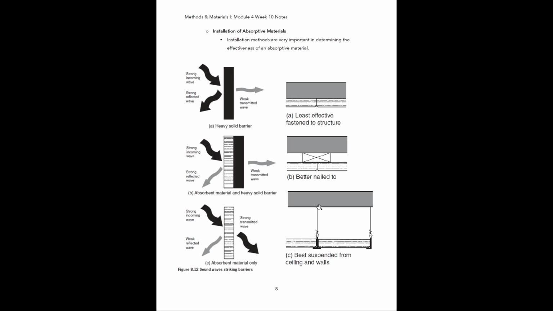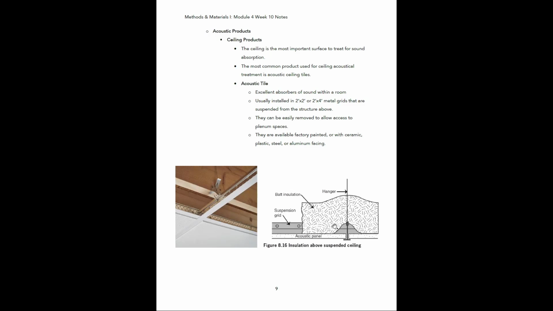So really it's hardly even getting to the structure at all. It can only travel through these small wires, and at that point that really cuts down so much on the amount of sound that would even be transmitted. All right, so this is going to be the best way to approach a ceiling installation of an acoustic treatment.